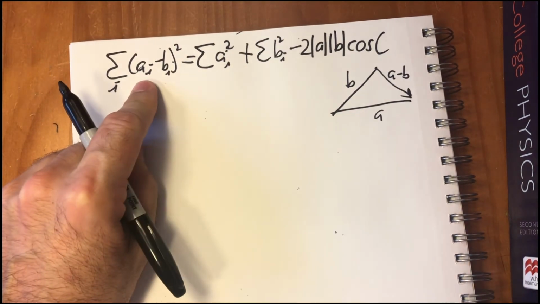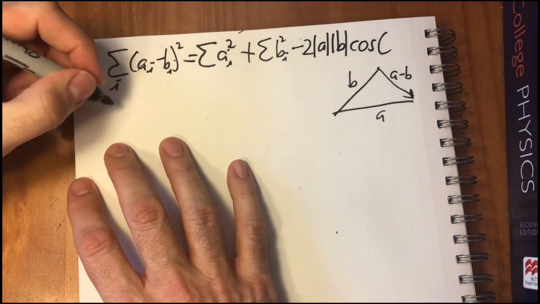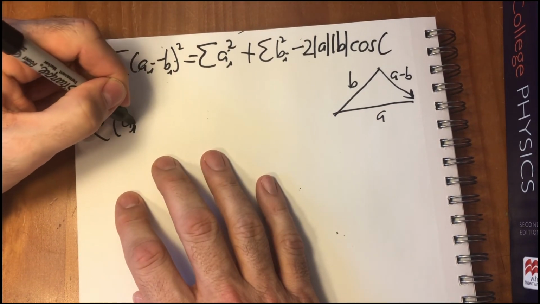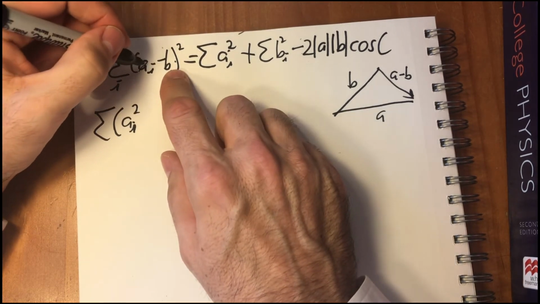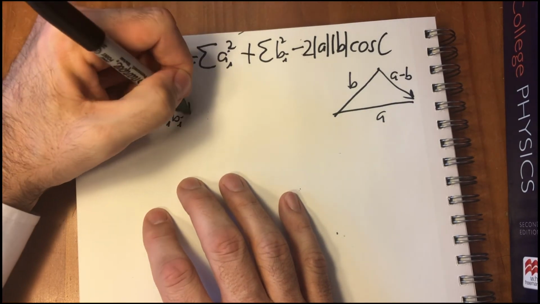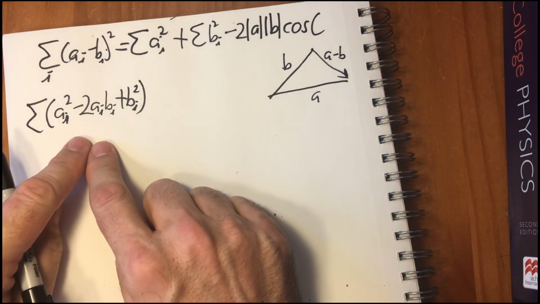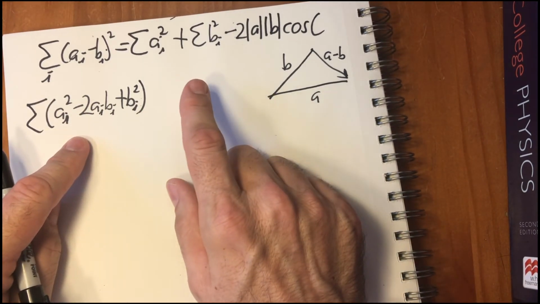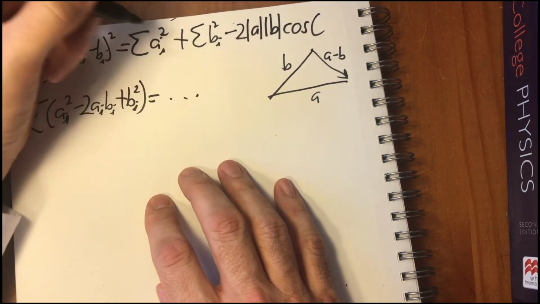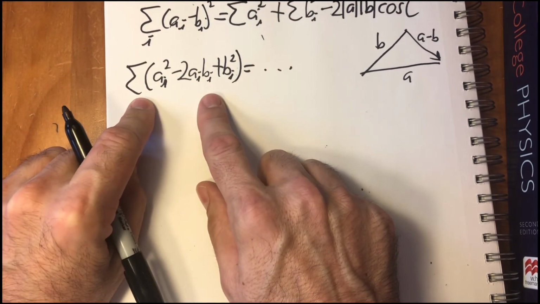So if we expand this side, we're just going to square ai minus bi. So we have ai squared minus 2ab plus bi squared, and then that equals the same thing on the right side. And then let's expand this again so we can rearrange the sums, right?